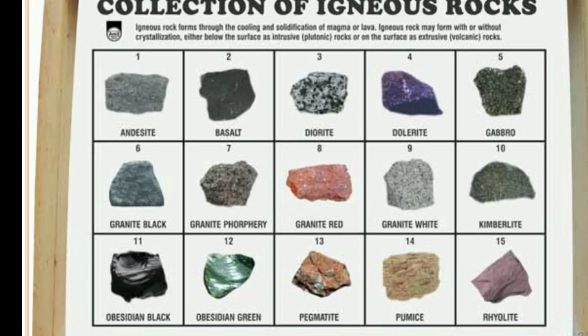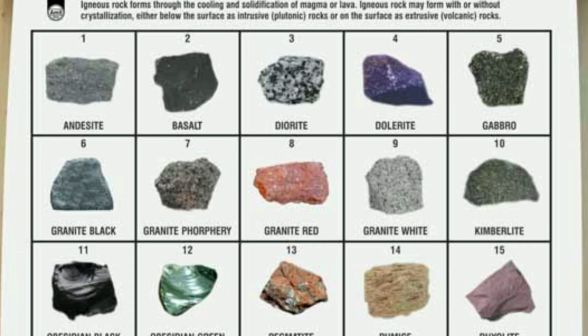You'll have various types like andesite, basalt, diorite, dolerite, gabbro, granite black. The granite black is mostly available in our place in Kanyakumari district, and then granite, granite red, and granite white. Naturally, in Kanyakumari and Tamil Nadu, you can widely see this granite black and granite white.